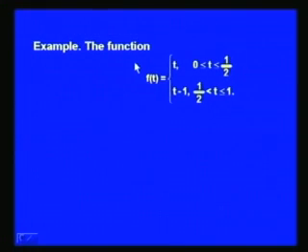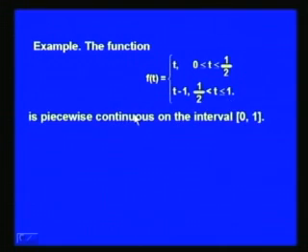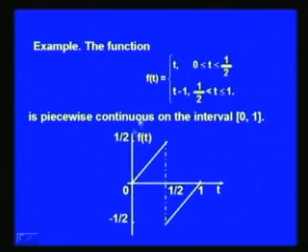Let us look at the function f t equal to t, where t takes values in the interval 0 less than or equal to t less than or equal to half, and f t is defined as t minus 1 when half is less than t less than or equal to 1. You can see that this function is piecewise continuous.